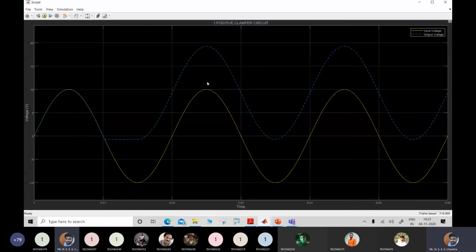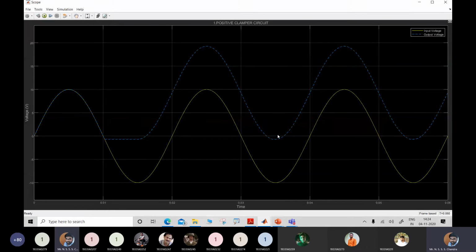Okay, similarly here, earlier the negative peak touched the 0 voltage, but now what will be this value? The output is minus 10 plus 10, and then the 0.7 volts you have to remove.